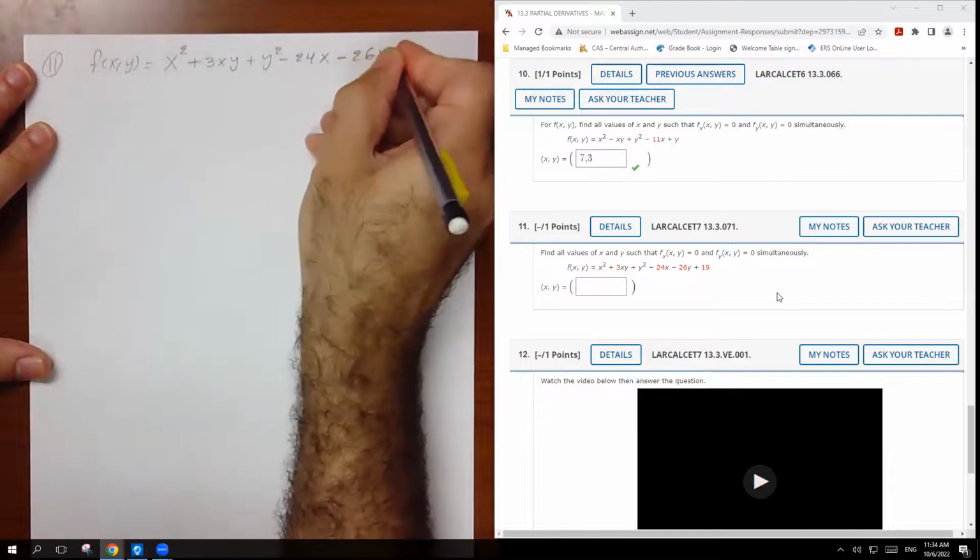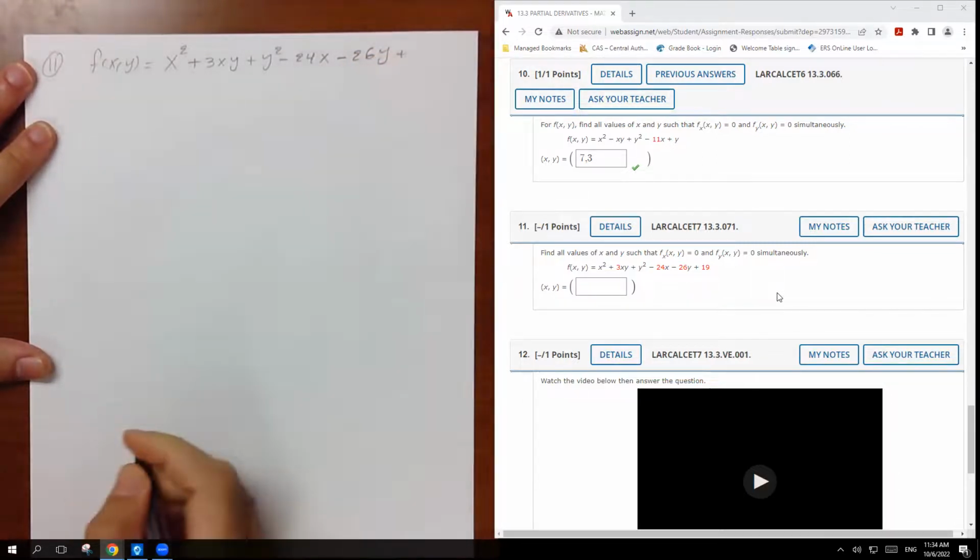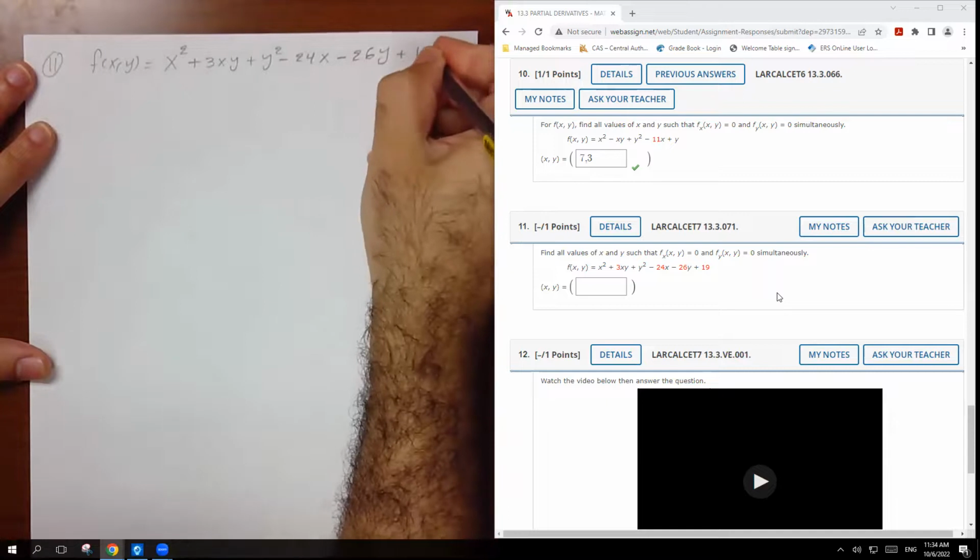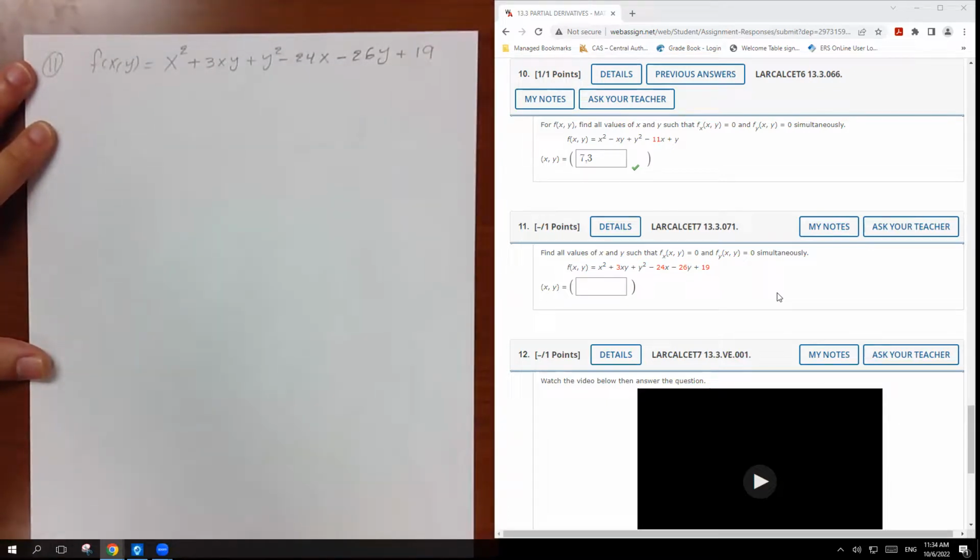I think it's exactly the same thing. So we're going to do exactly the same thing. We need to find the value of x and y.